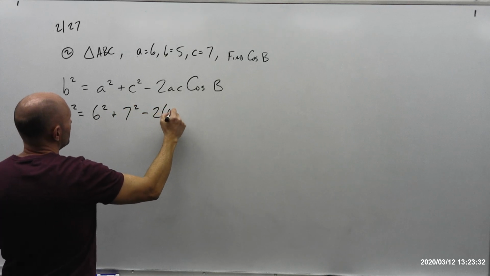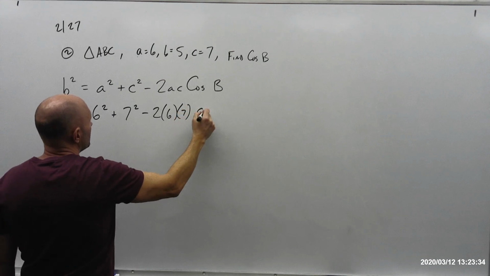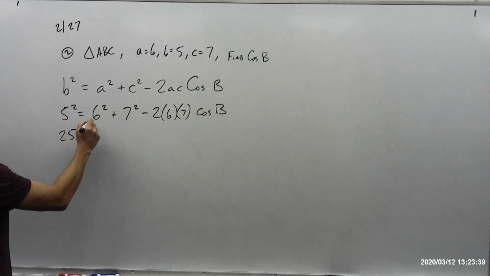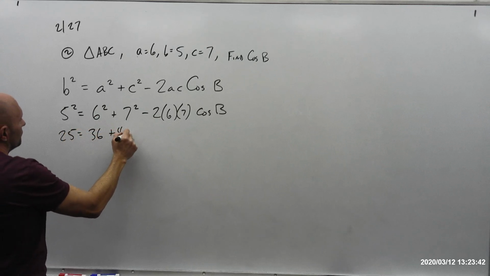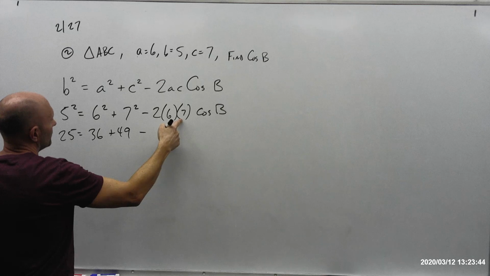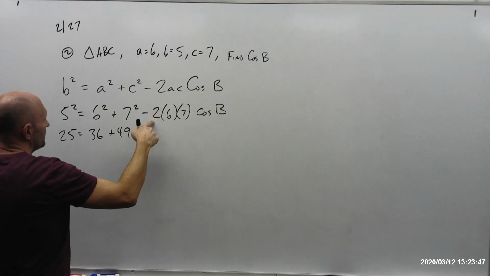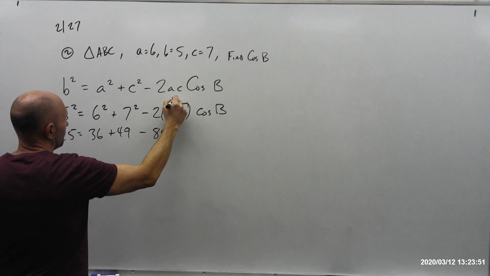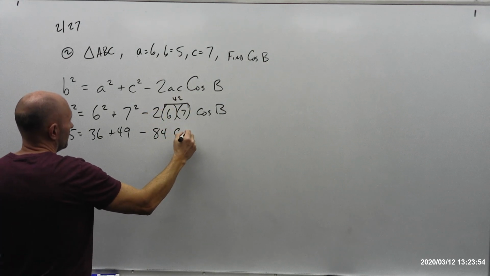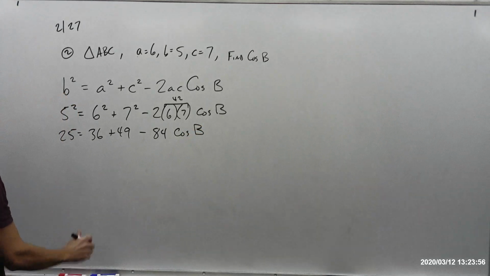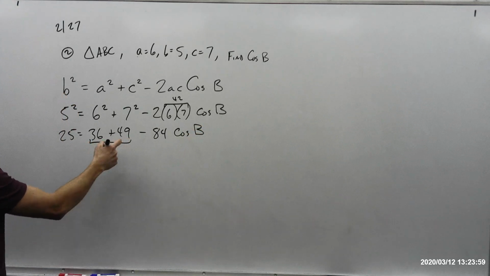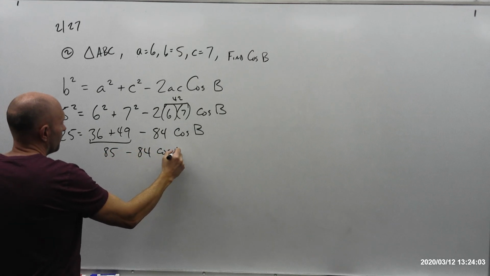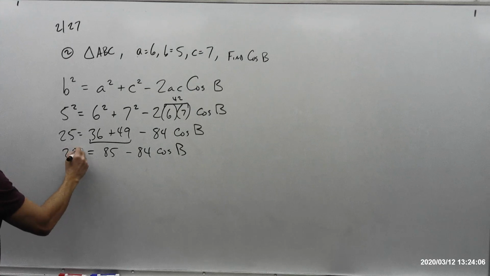Minus 2 times a times c cosine B. So 25 is 36 plus 49 minus 7 times 6 is 42, times 2 is 84, cosine of B. Add these two together, you get 85. You have 85 minus 84 cosine of B is all equal to 25.